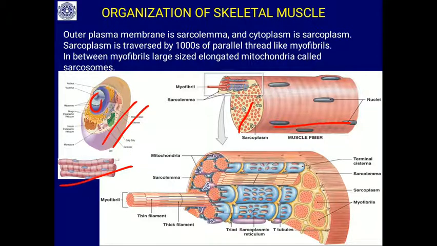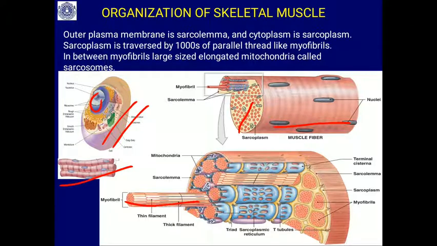The fibrils present inside the cytoplasm of the muscle cell, or the sarcoplasm, are called myofibrils. There are thousands of them.